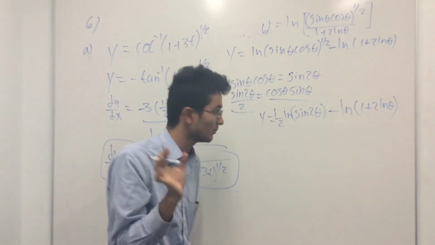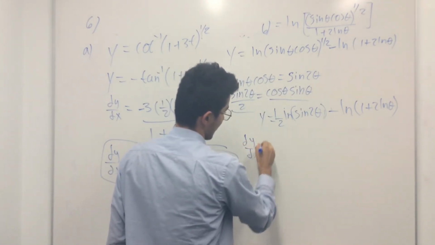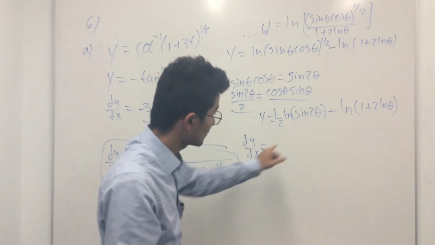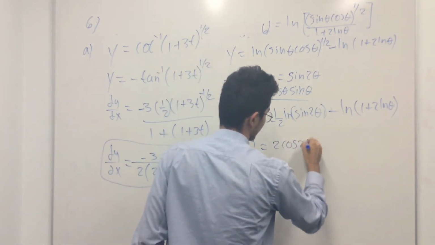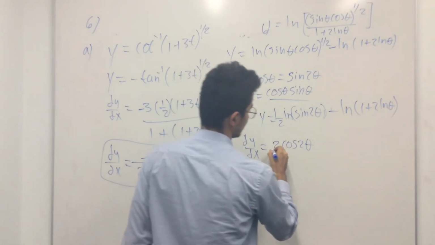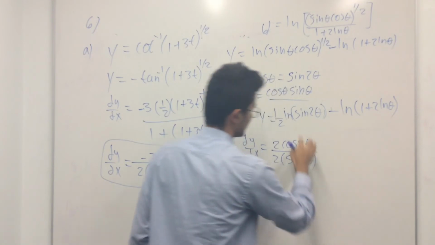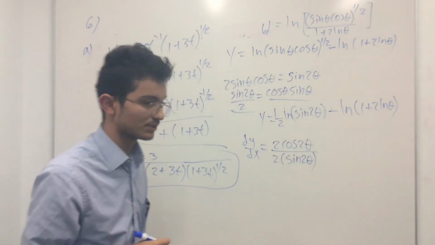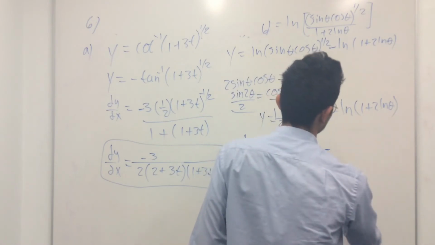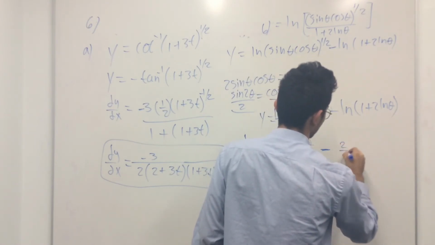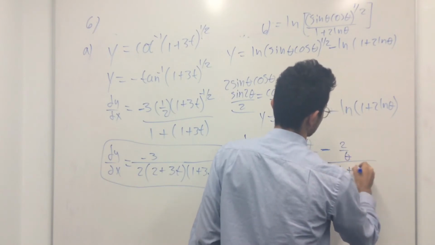We use the chain rule only once. So that's dy over dx equals the derivative of the inside, which is 2 cosine 2 theta, all of that divided by 2 times sine theta. The derivative of ln of sine 2 theta is 1 over sine 2 theta, minus 2 over theta, and all of that divided by 1 plus 2 ln of theta.